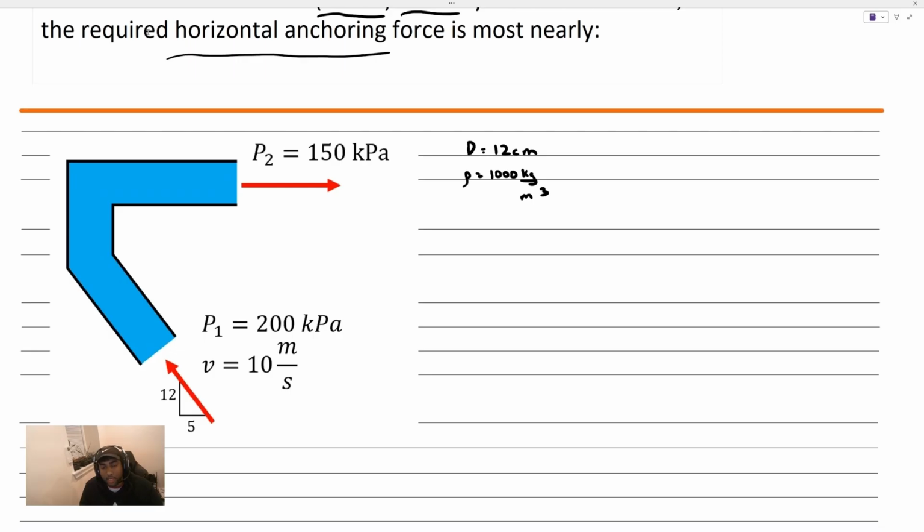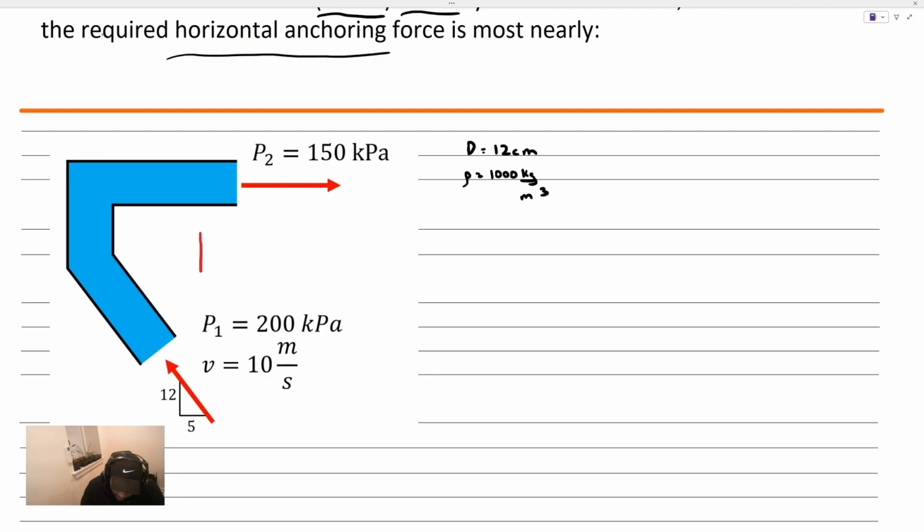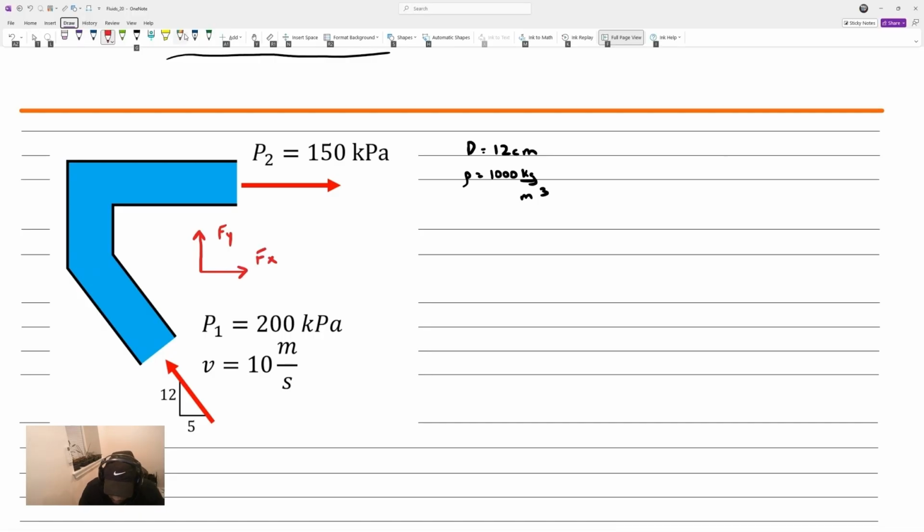If we go ahead and think a little bit about what's going on in this problem, we have fluid flowing up and exiting. You can picture that the pipe is going to be wanting to fly towards the left. That must mean that there is some kind of anchoring force, right? There will be a vertical anchoring force, let's call that Fy, and a horizontal anchoring force Fx.